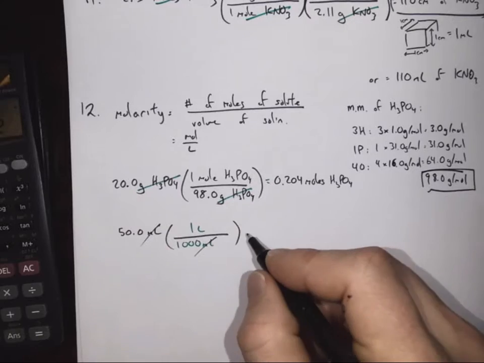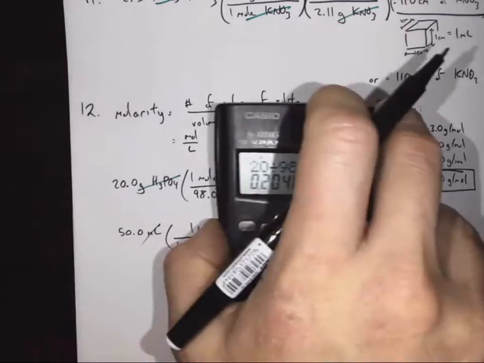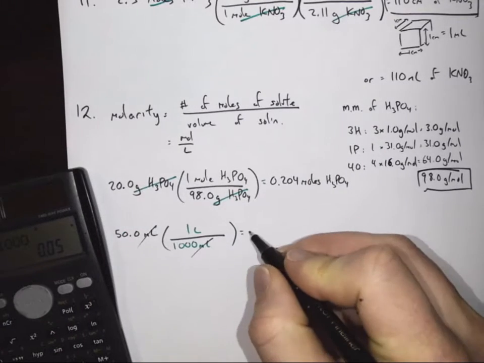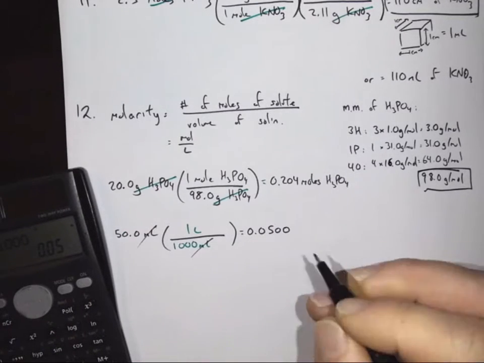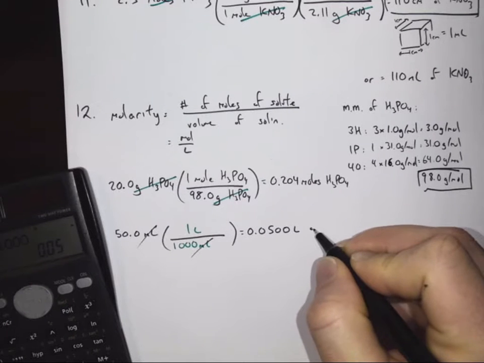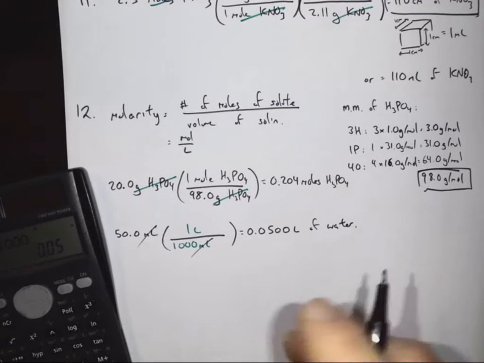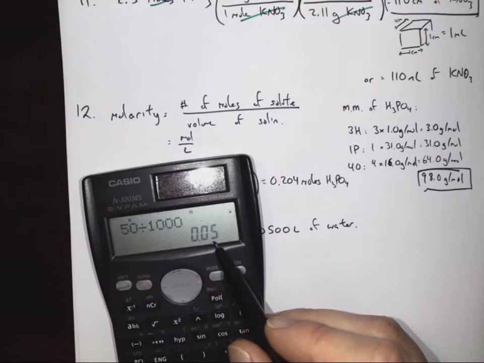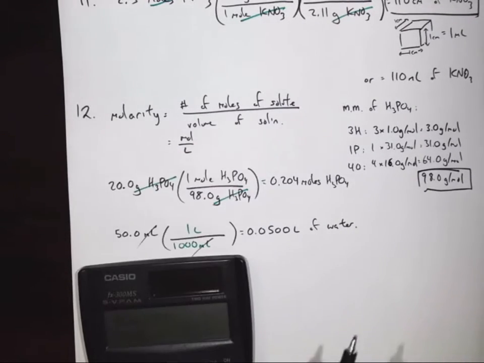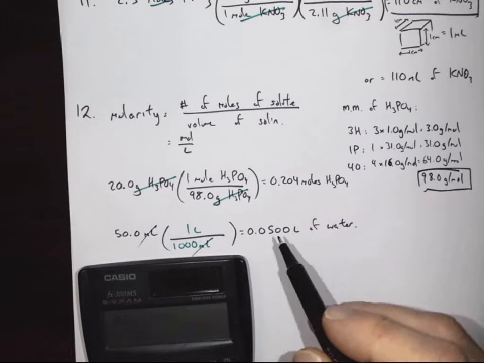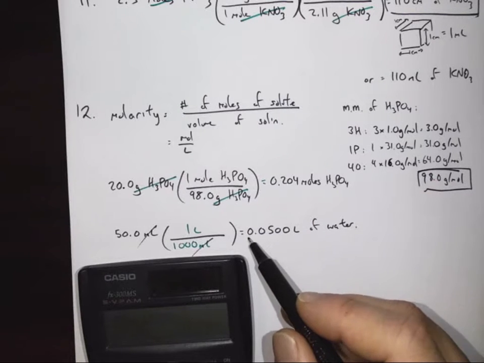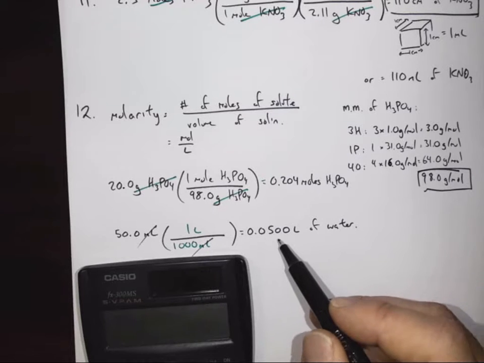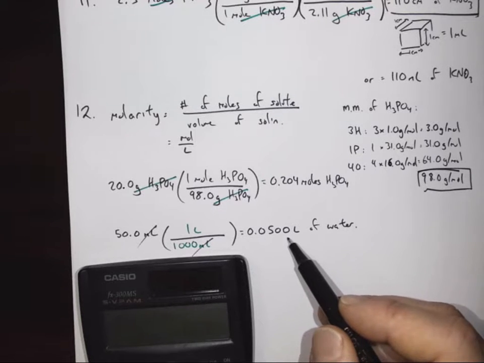Our milliliters cancel out, and so I just say 50 divided by 1,000, which gives me 0.0500 liters of water. By the way, the calculator didn't show this, but we have 3 sig figs here. These zeros just separate our 5 from the decimal place. This one is kind of irrelevant, isn't even necessary. So to imply there are 3 sig figs, we have to actually add these extra 2 zeros.